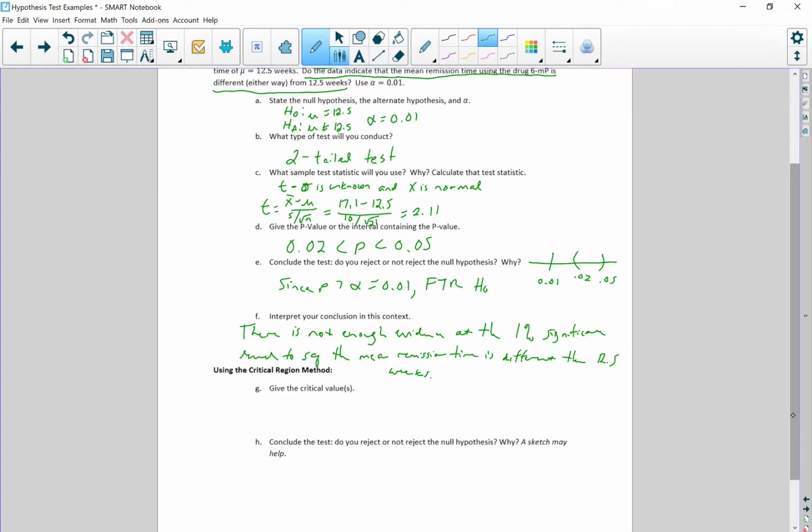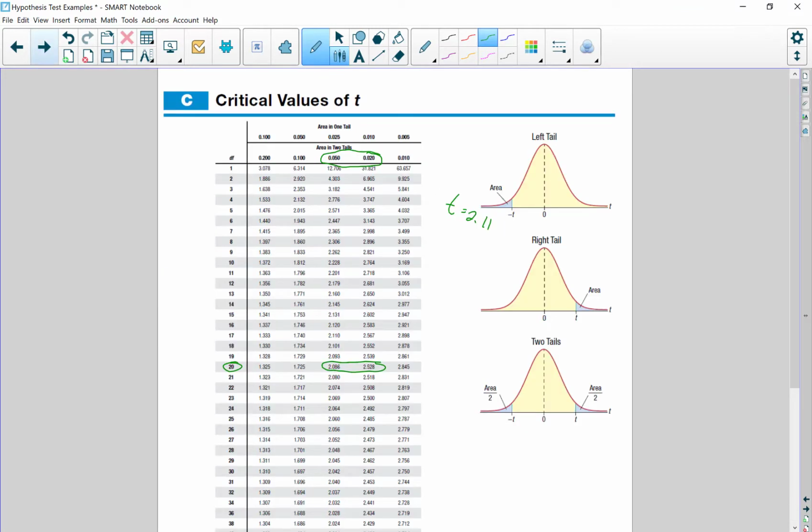So critical values for t. Basically, you just do it backwards from how we just found the p-value. So instead, you go up here to your area, whether it be one tail or two tail, and you pick your alpha value. In this case, alpha was 0.01. And then follow that down to your degree of freedom, find where they intersect. Our degree of freedom was 20.